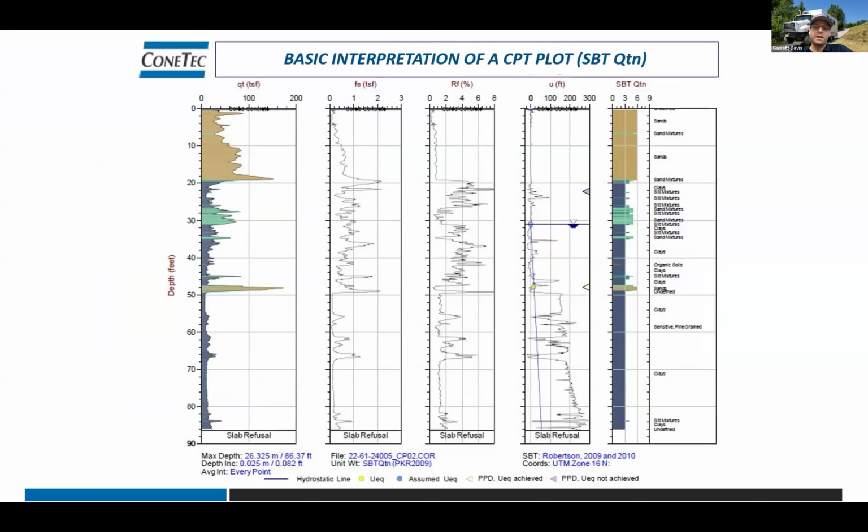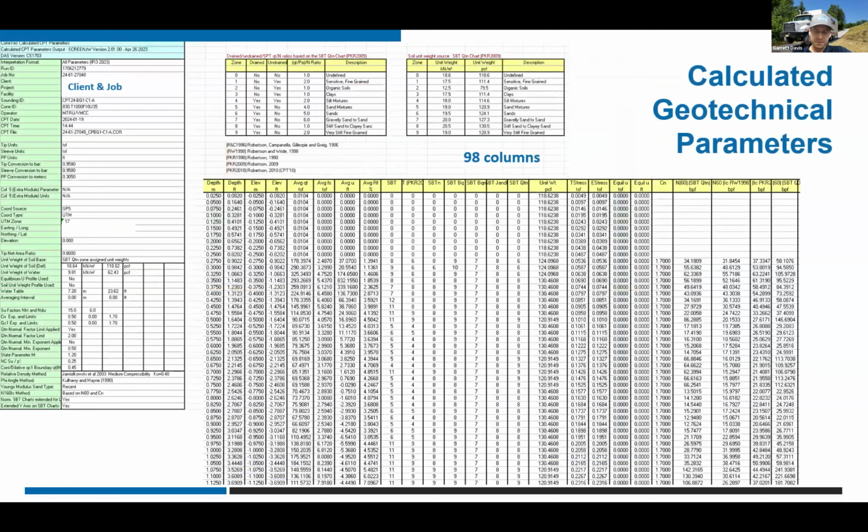This plot also includes the SPT QTN bars on the far right and colors the tip plot box according to those soil behavior types. Now we'll glance at some advanced plots. ConeTec includes an Excel file in our reports with 90 plus calculated and estimated geotechnical parameters.